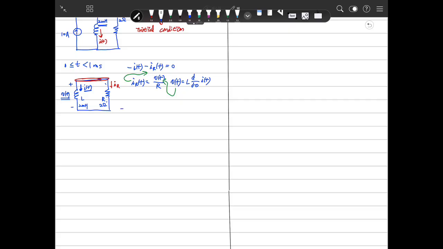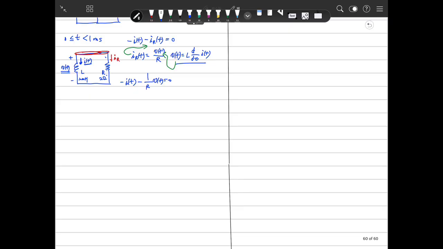So minus iL(t) minus iR(t) becomes minus iL(t) minus 1 over R times v(t), and v(t) here is L d/dt iL(t), which equals 0.